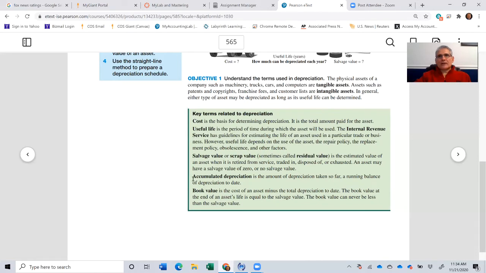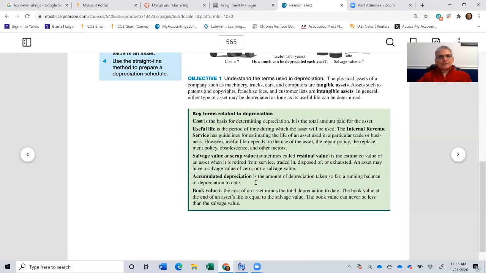That value we refer to as a salvage value. It is an estimate, especially when we first identify it. The salvage value or residual value is an estimate, and then when we actually sell it, that's when we know exactly what its value is.